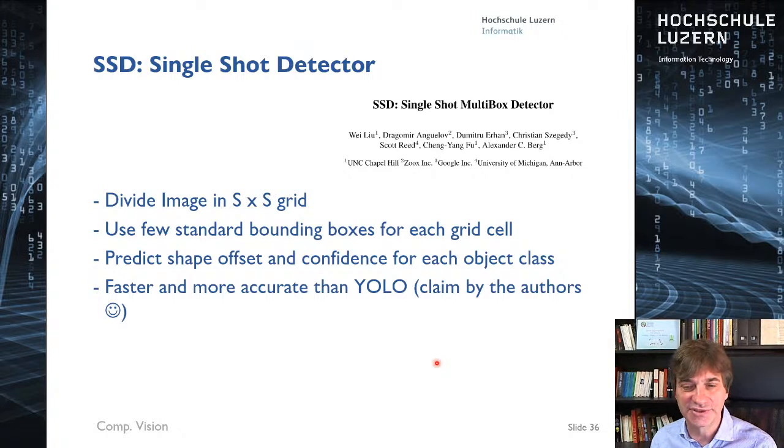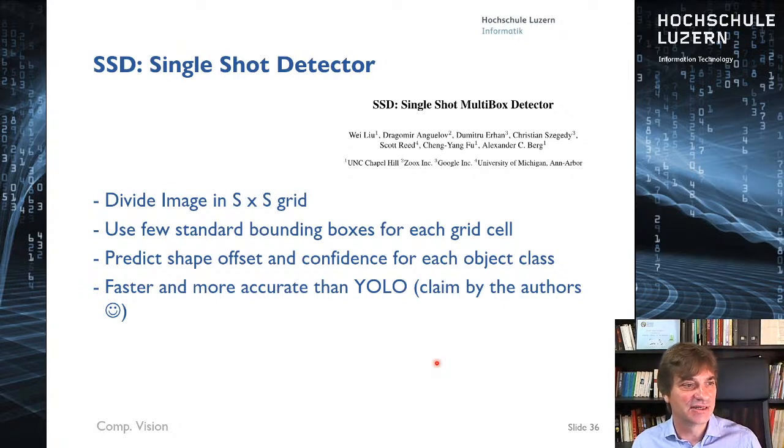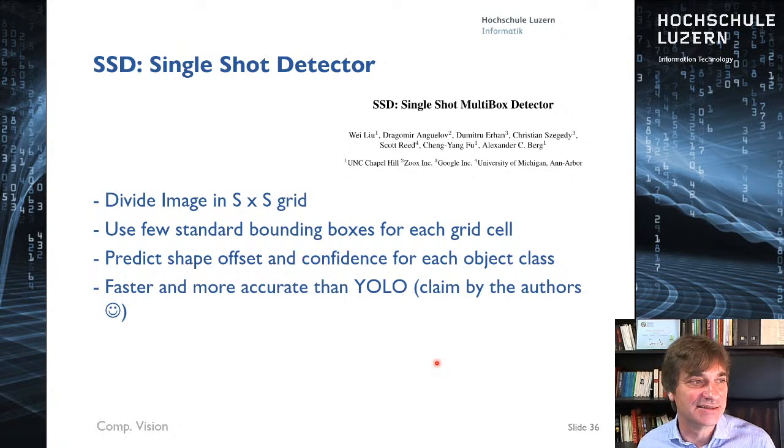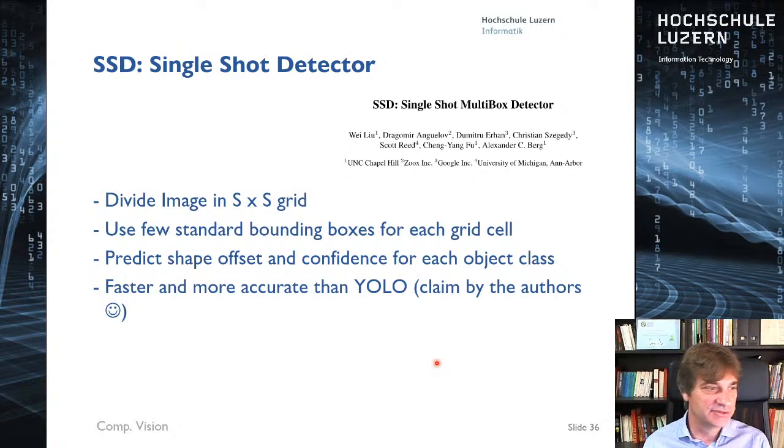Okay, we will see some more details of a newer version of YOLO after the next one. A very similar approach was done with the SSD, the single shot detector. They also divide the image into an S by S grid, and they use some standard bounding boxes that are given for each grid cell.